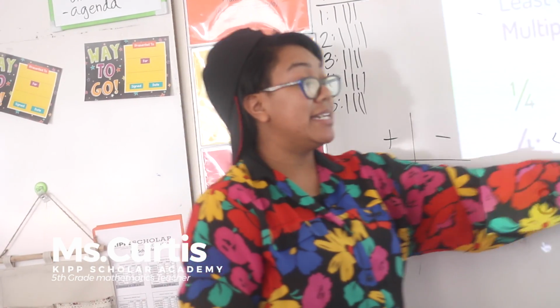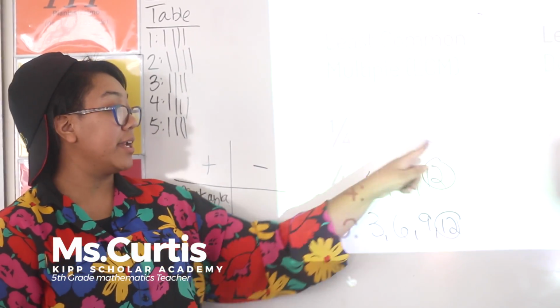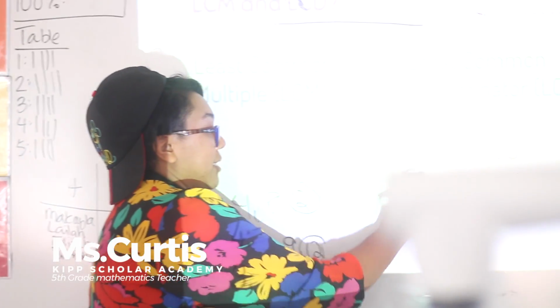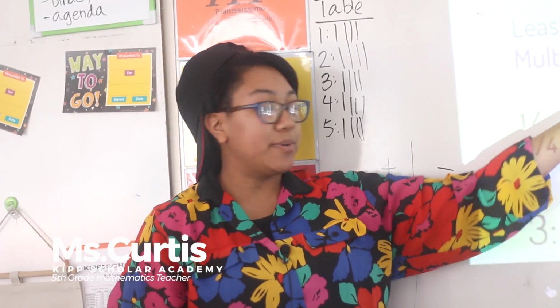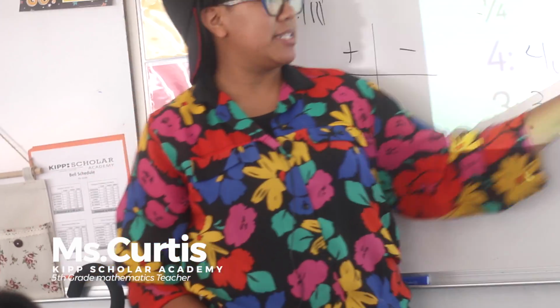But the least common denominators are fractions only. So I would take this multiple of 4 and 3, I just make it a denominator. That's it. So it would just be over 12 over 12. That's all we do. Least common multiples, those whole numbers 4 and 3, we find it, and then you just make them into the denominator.